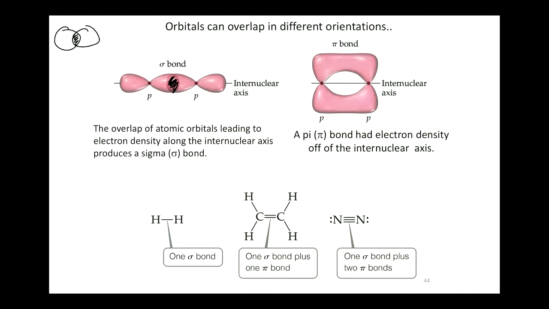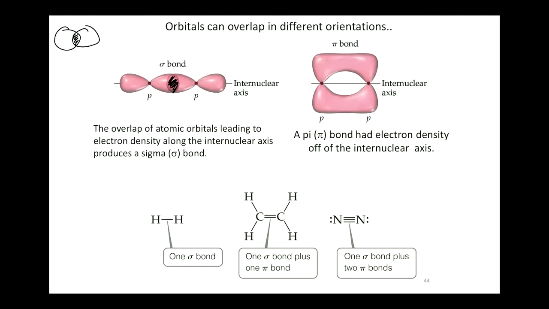Just remember, sigma means head-on. We can have it between s orbitals, between p orbitals, or between an s orbital and a p orbital. They all look like this. That's the one type of interaction.